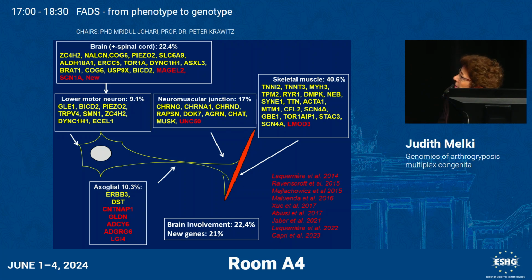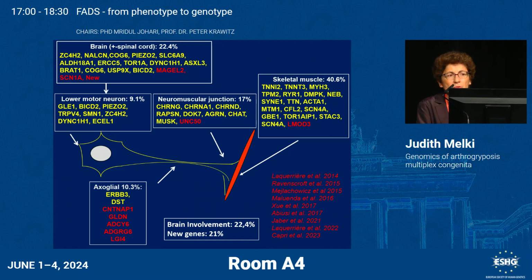About axoglial defect, which means the defect of axon or myelin, of peripheral myelin, there are a couple of new genes, CNTNAP1, which encodes CASPR, gliomedin, ADCY6, and LGI4.